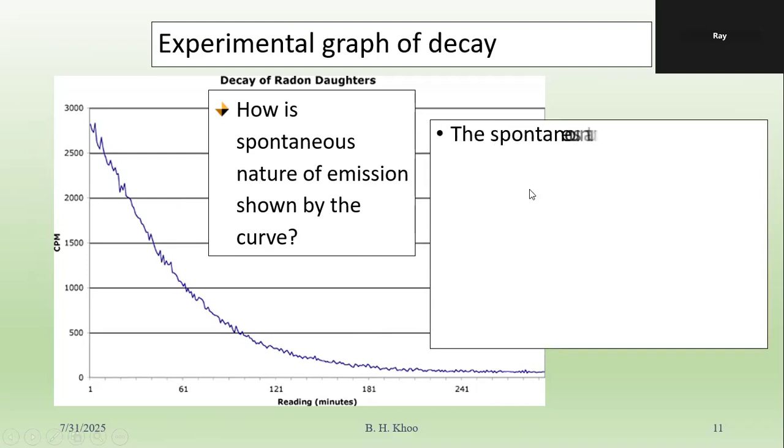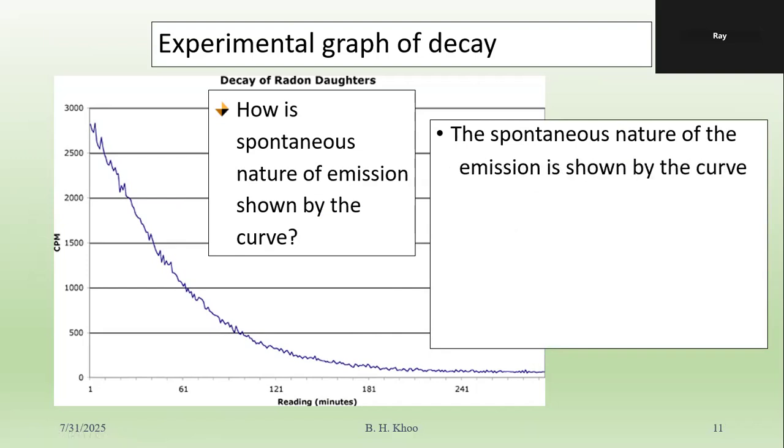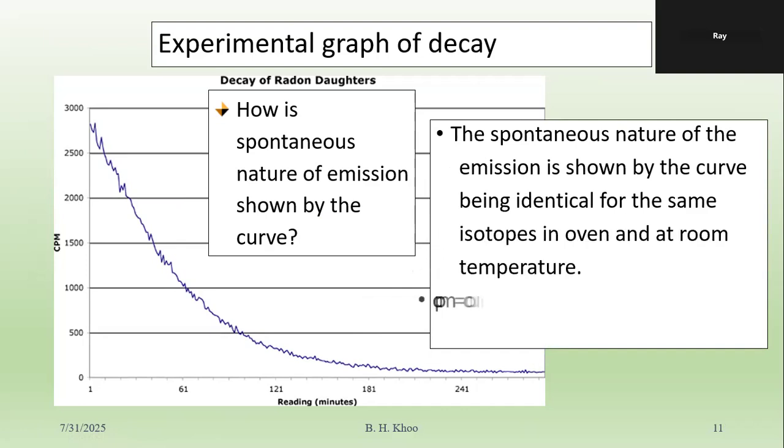The curve is the same, whether you put it in a high temperature or low temperature environment, whether cold or hot, the curve is the same. Identical curve. Spontaneous is mentioned in the syllabus.